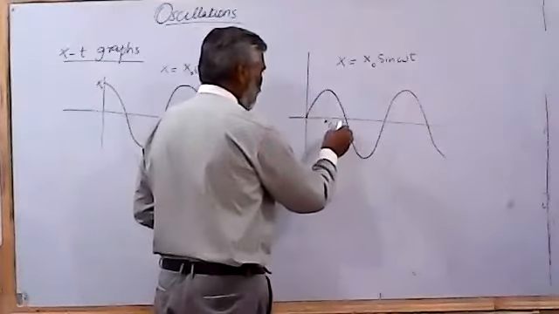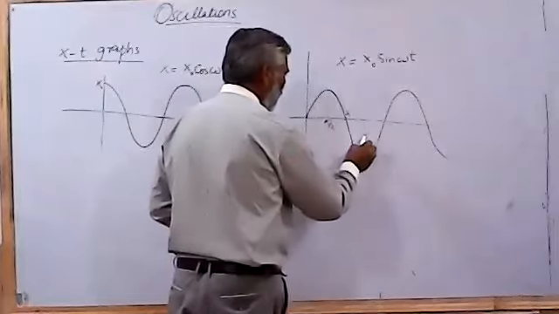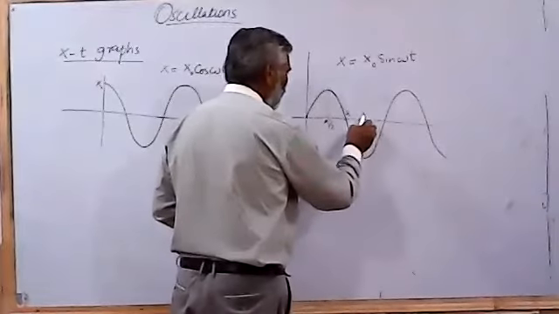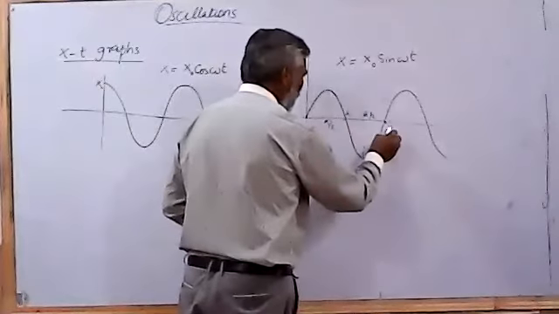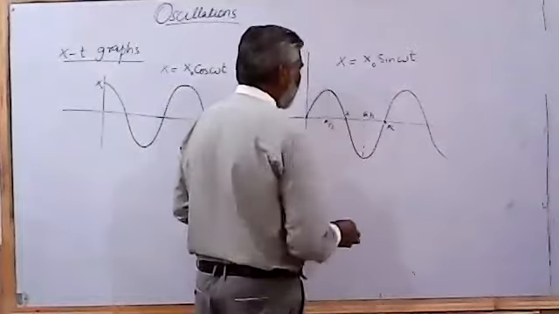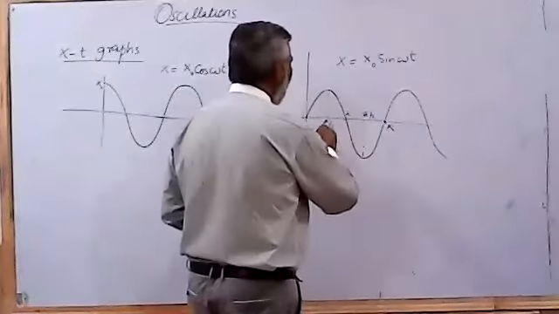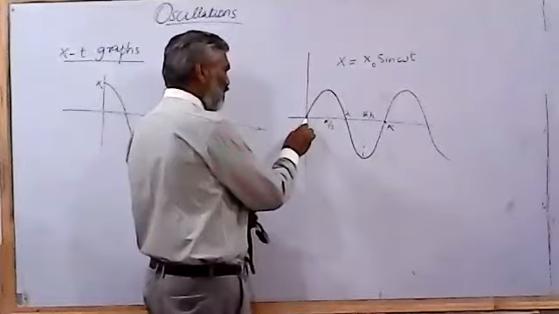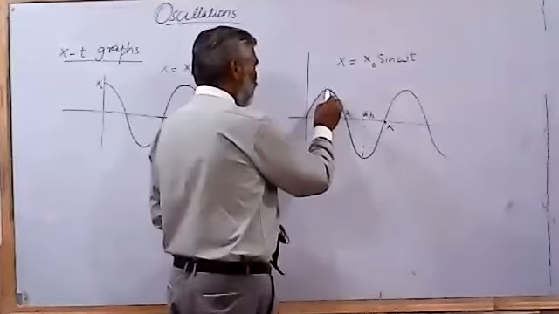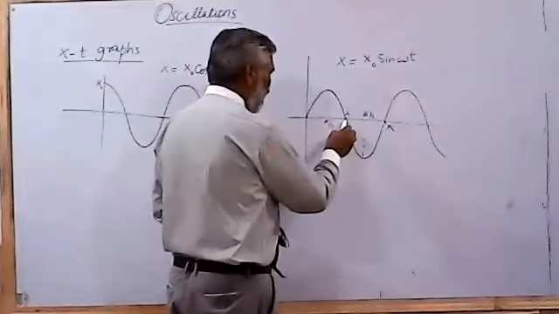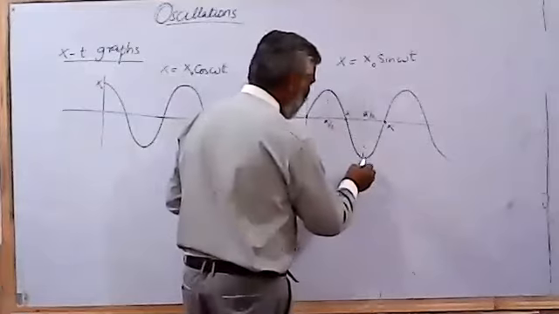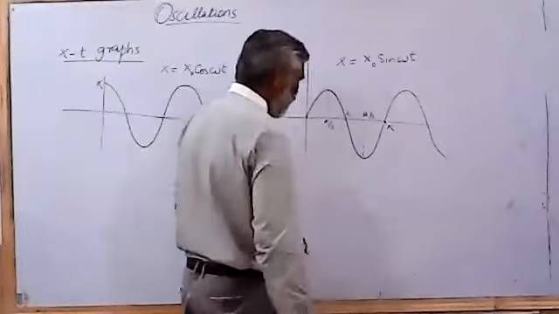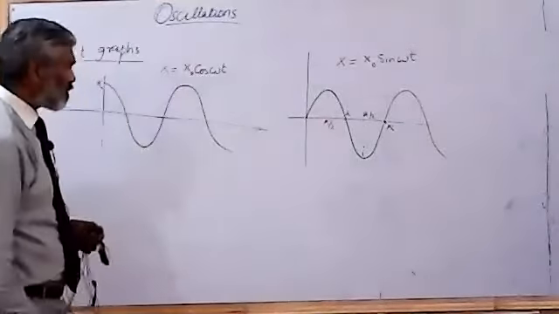This becomes pi by 2, then pi, then 3 pi by 2, then 2 pi. So these values go on changing, and the value of displacement varies, which means the object is at the mean position, it goes to the extreme position, then it goes back to the mean position, goes to the other extreme position, and then back to the same point where it started.